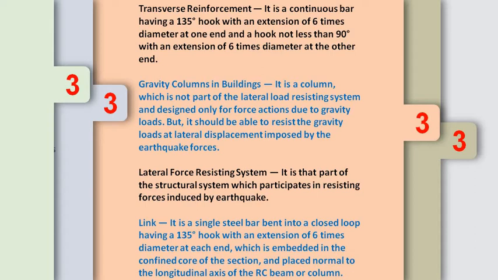Again, this should not be less than 65 mm at each end, which is embedded in the confined core of the section and placed normal to the longitudinal axis of the RC beam or column.